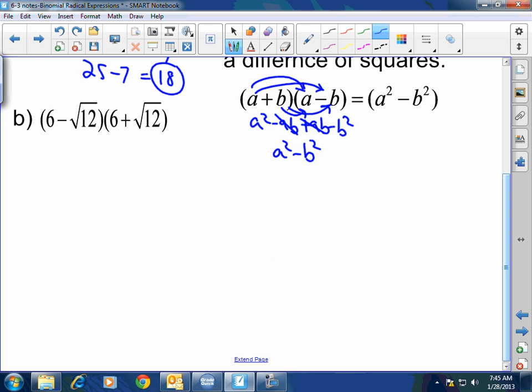For example, 6 minus square root of 12 times 6 plus square root of 12. Easy. The square of the first, 6 squared, is 36, minus the square of the second term, square root of 12 squared, which is 12, so I'm left with 24. If you want to do it the long way, you can.